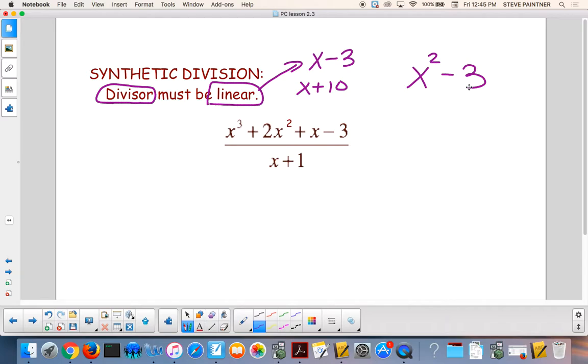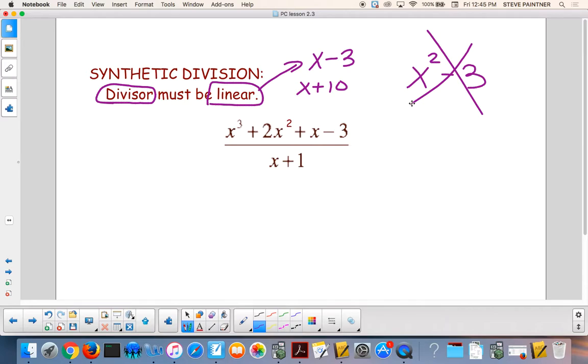That's a quadratic divisor. This doesn't work with synthetic. So really, you never have to do long division, unless you divide by a power of 2 or greater. That doesn't happen very often, by the way. Sometimes it does.